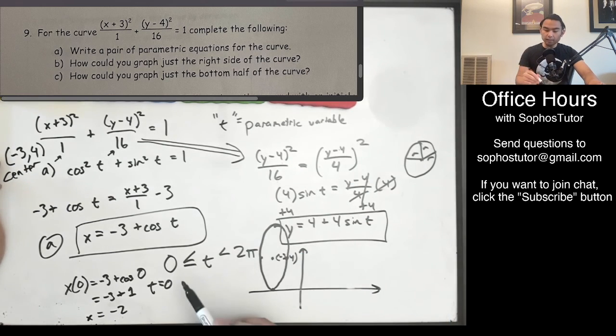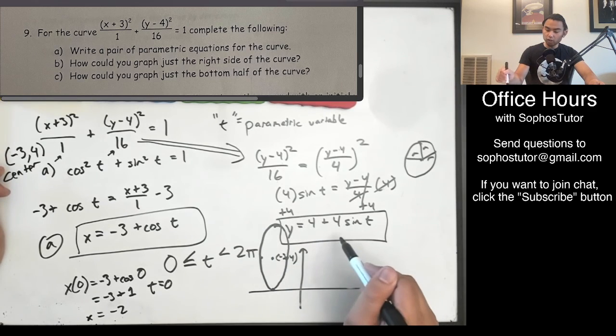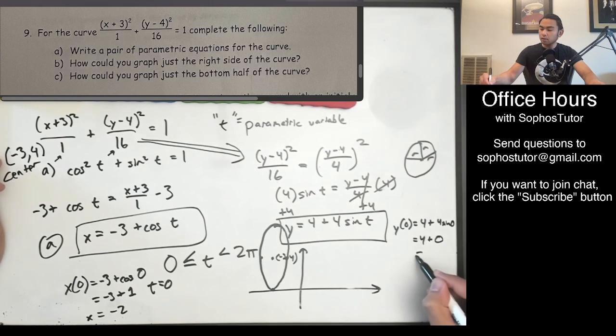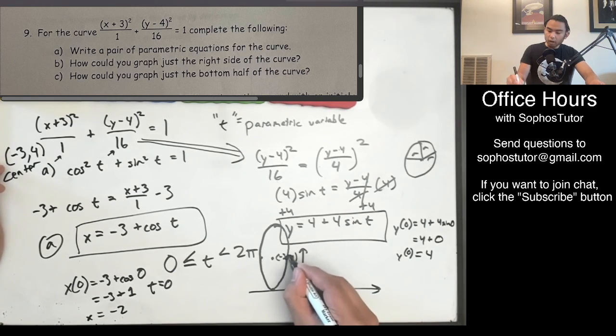If we plug in t equals 0 for the y equation here, so y of 0, we're going to get 4 plus 4 sine of 0, which is equal to 4 plus, well, the sine of 0 is equal to 0. 4 times 0 is 0, so it's going to equal 4. So the starting point of the particle will be at -2, 4. So right now, the starting point is at the rightmost point of this ellipse.